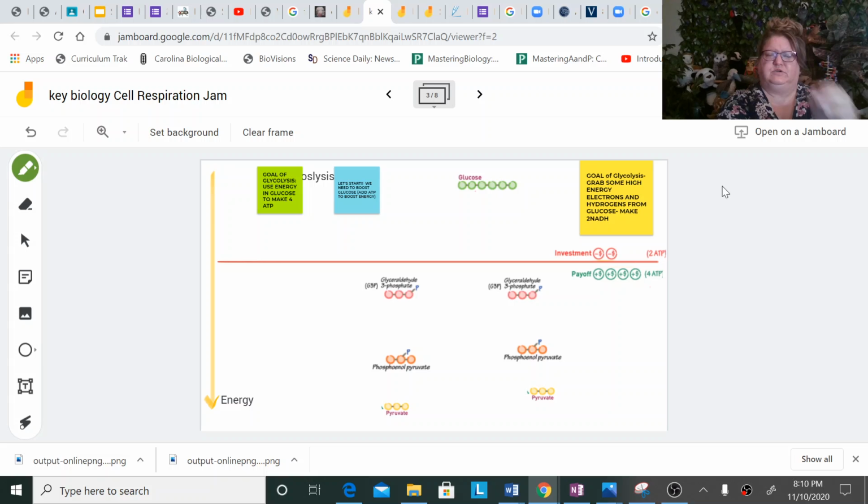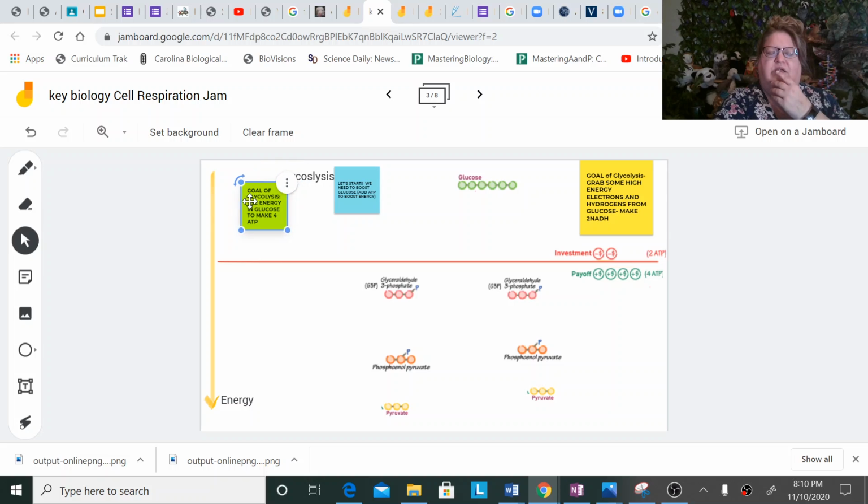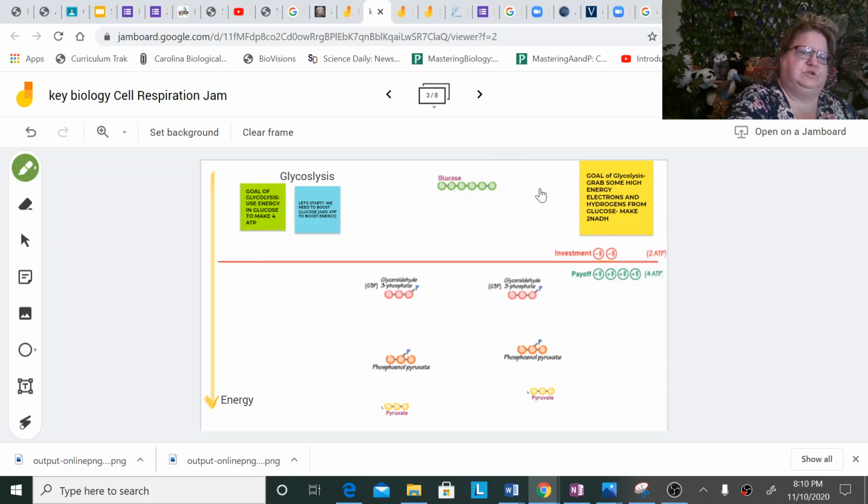Now, I just wanted to do a quick little schematic for glycolysis, again, just to practice. So notice here are my little sticky notes for the goals. Use the energy in glucose to make 4 ATP, but we need to add ATP to boost it up. So let's start with glucose and do your best with your arrows. You can always add arrows in the shapes.